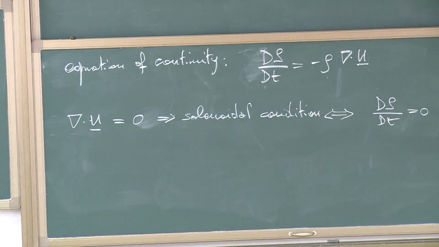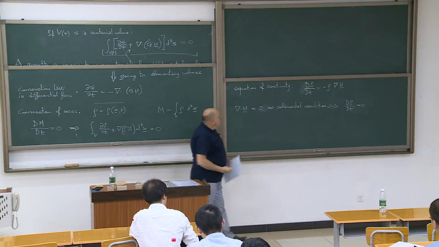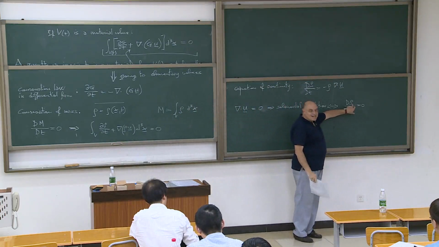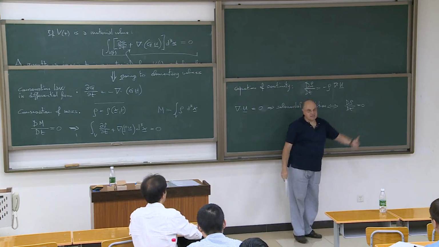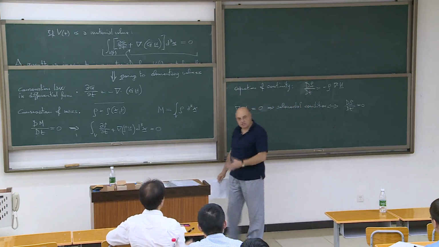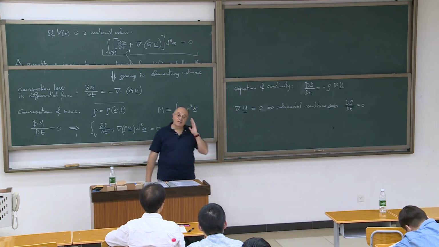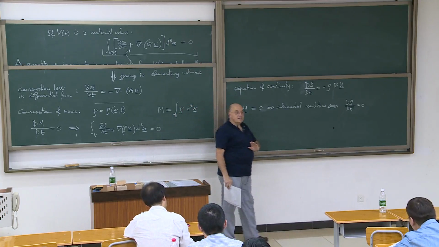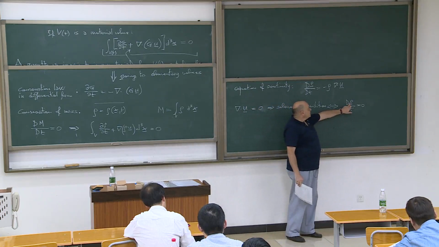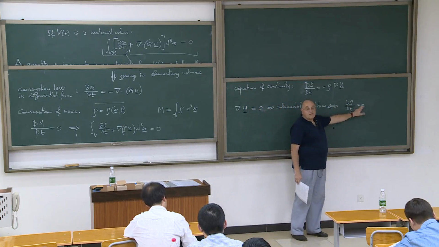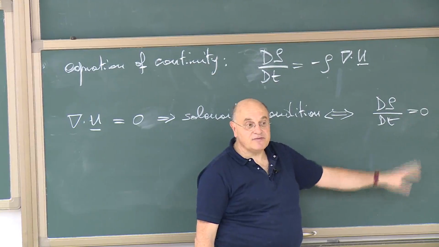I just point out a little aspect of language. If rho is exactly constant, does not depend on time and space, then you say that the fluid is uniform. So please remember, rho constant doesn't mean that d rho dt is 0. Of course it is 0, but it's not the same thing.